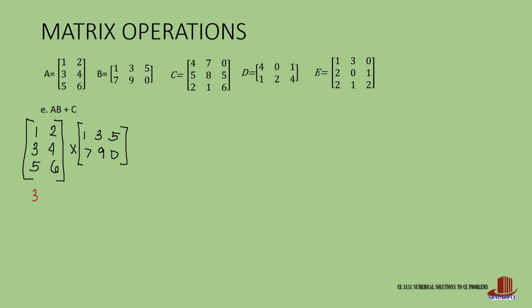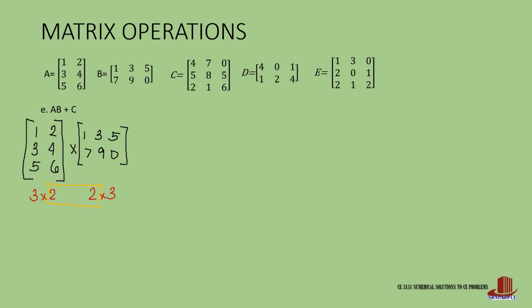Our size would be 3 by 2 for the first, and matrix B would have 2 by 3. Since the column of the first and the row of the second would match, then we can move ahead and find the solution.